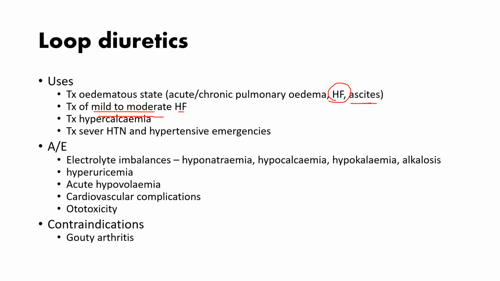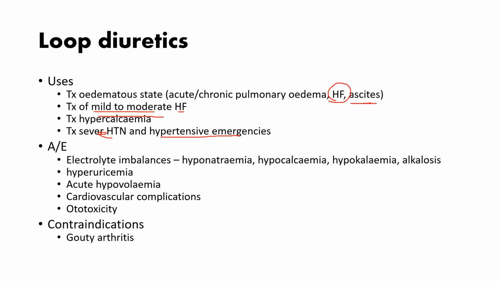So we could give these drugs to patients with hypercalcemia. Okay. So treatment of severe hypertension, especially in hypertensive emergencies. We could give loop diuretics as well, and they are used in hypertensive emergencies mainly because of their rapid onset of action.